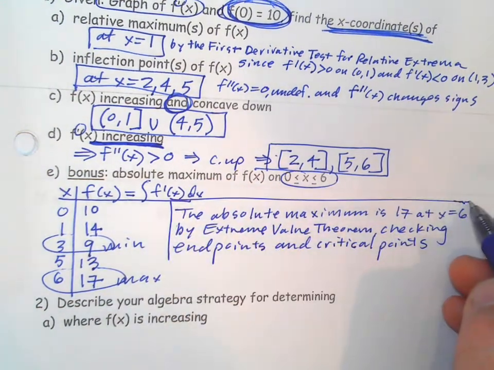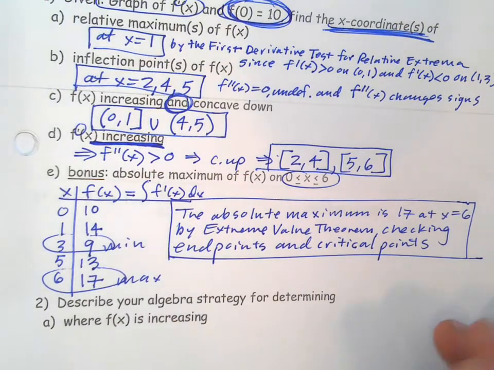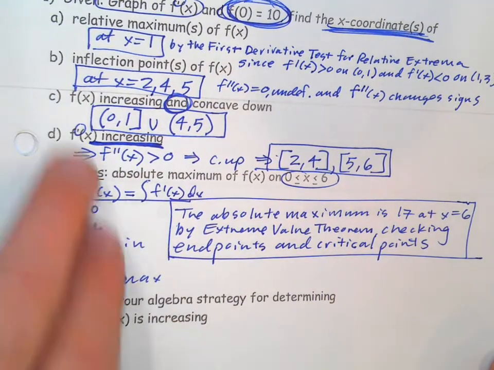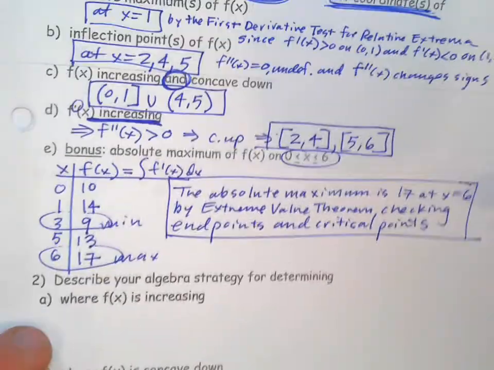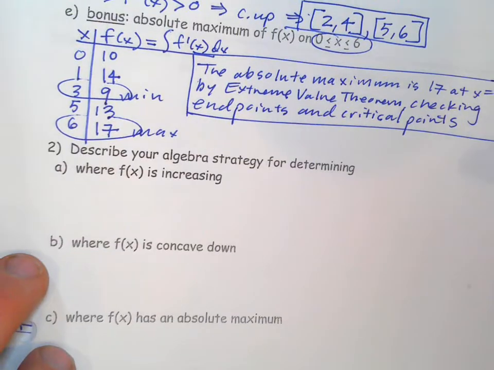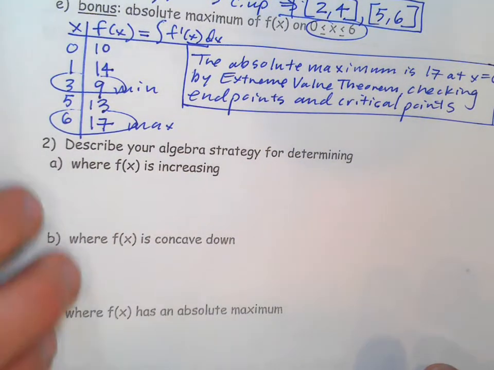That's a good thorough answer with justification. So that's how they usually give you those areas, which makes it a lot easier for us to do.